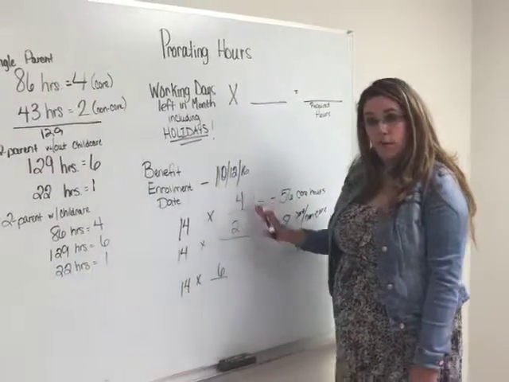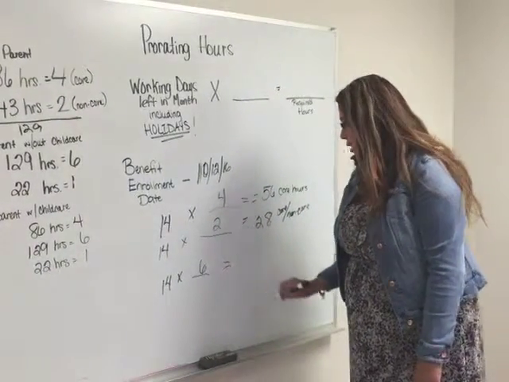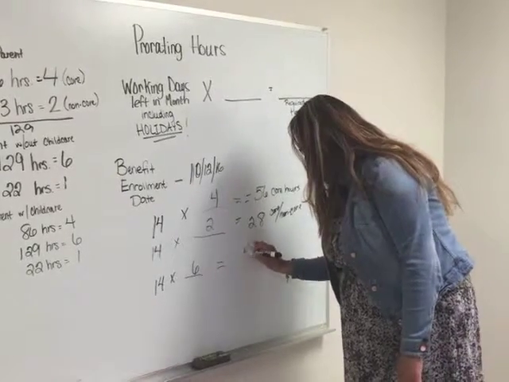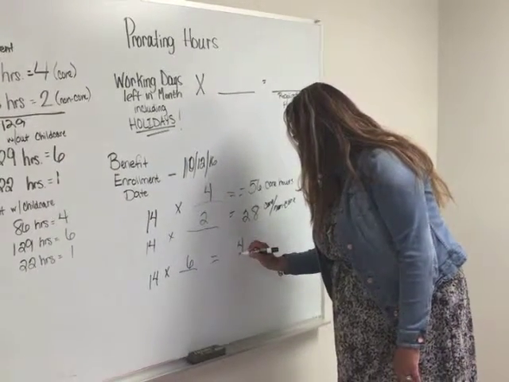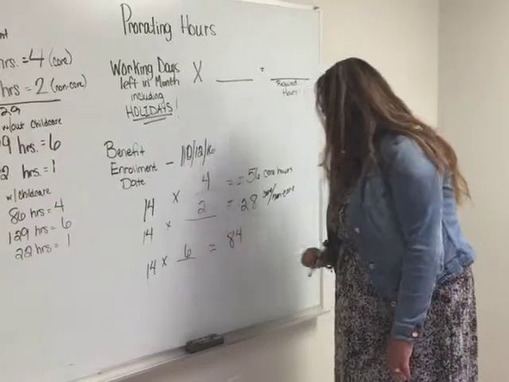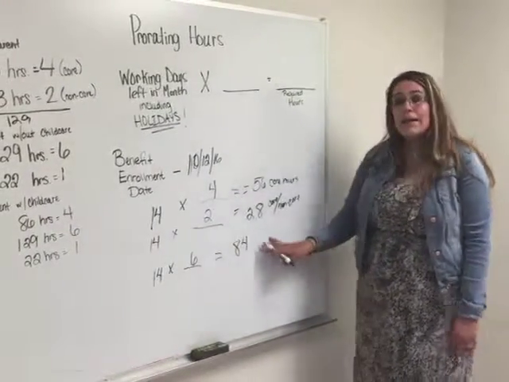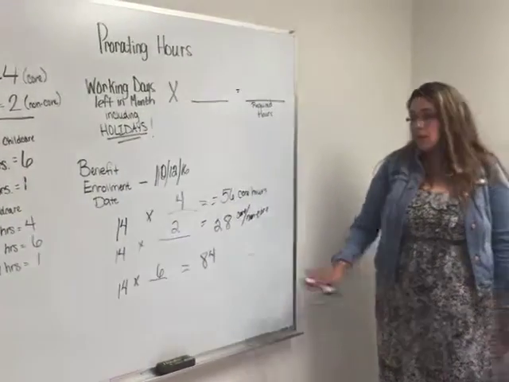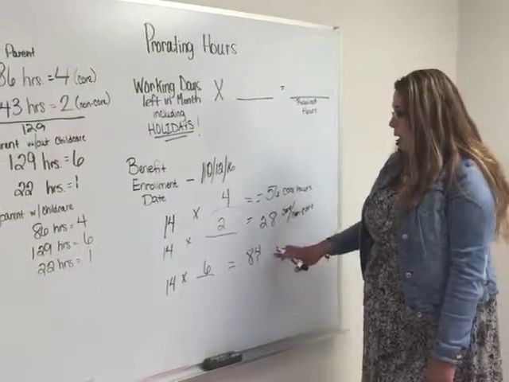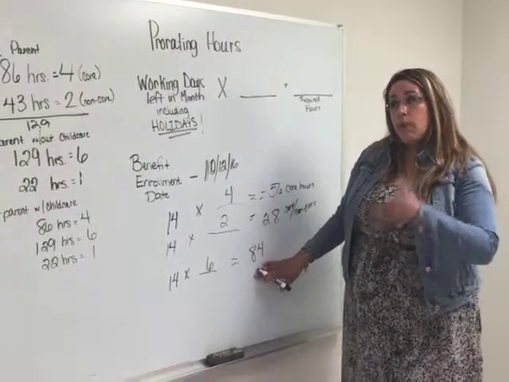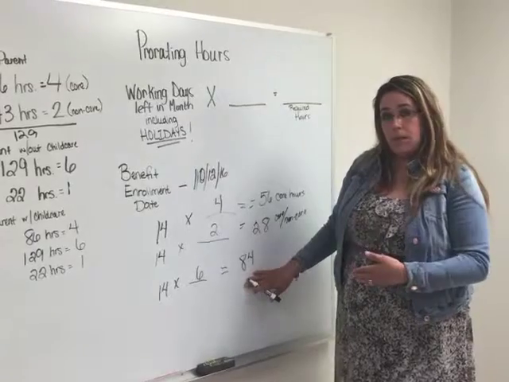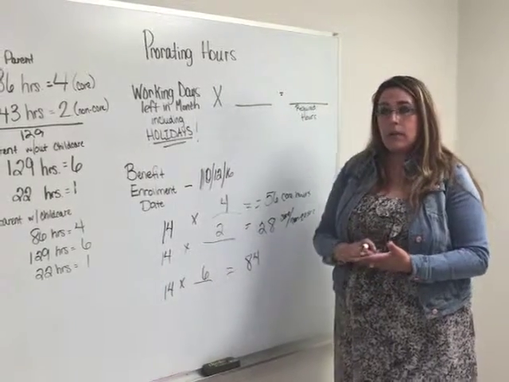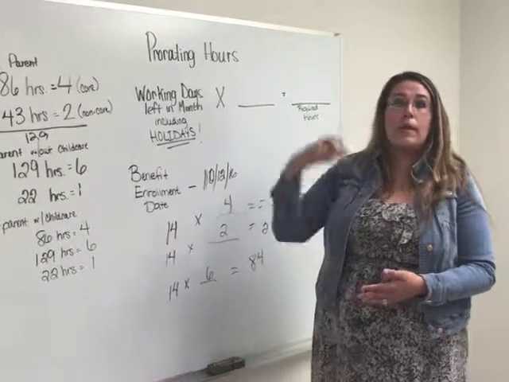Which would be the 4 plus the 2 for a total of, what's that, 14 times 6? 84 hours? Yes, you can, okay? You can definitely do it that way. And this I would recommend would be done whenever you have somebody who is work ready or they need those skills.